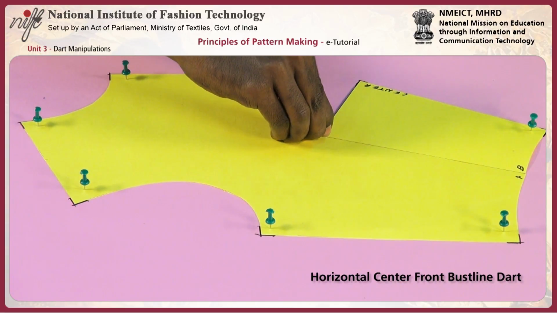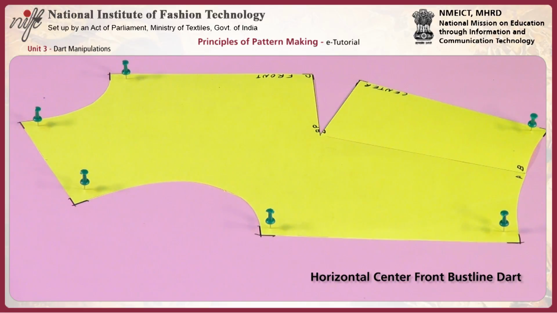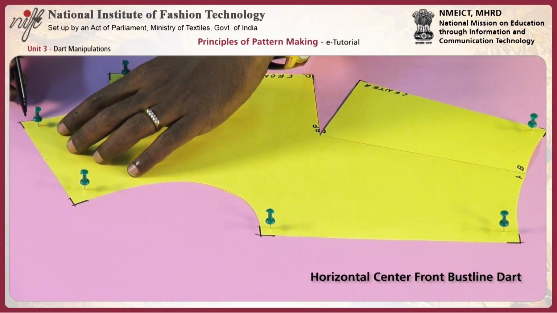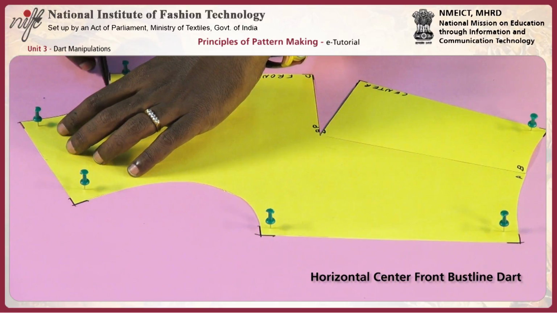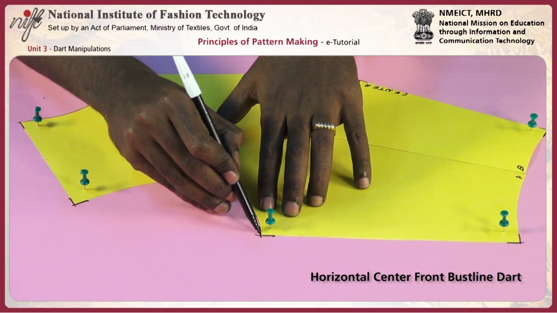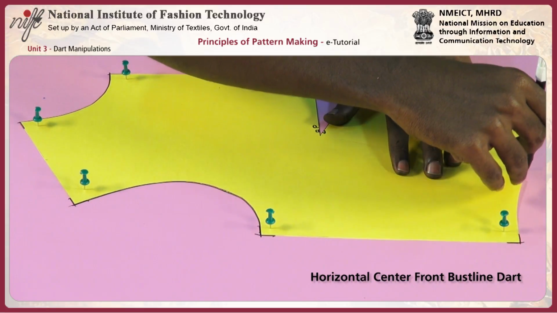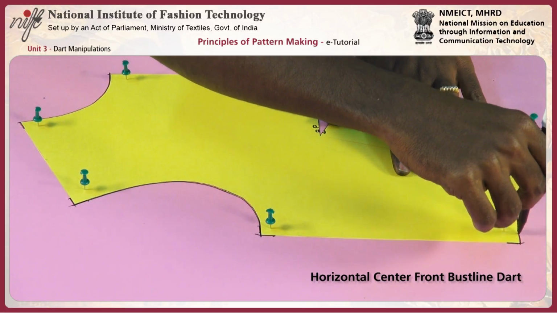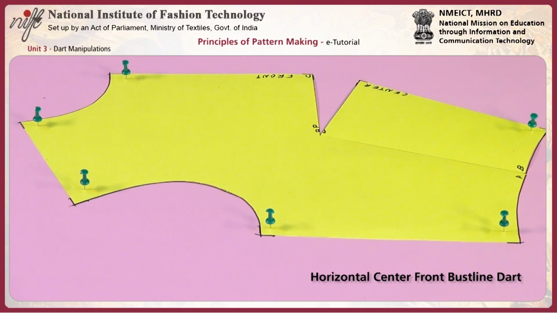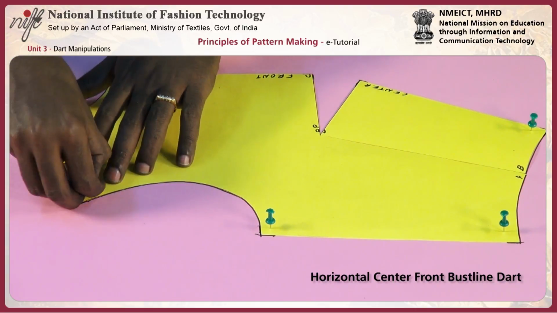Mark the bust point. Draw the neckline curve. Draw the armhole curve. Draw the waistline. Once you completed the marking, you can remove the working pattern.